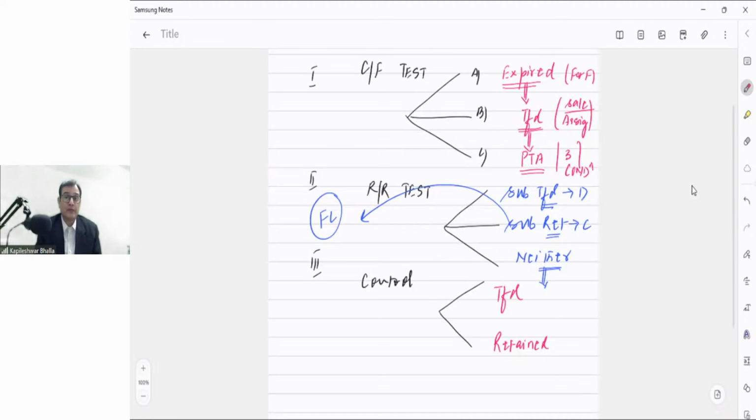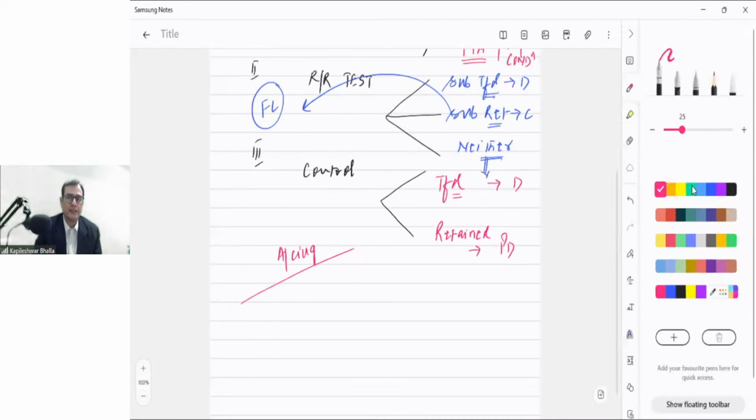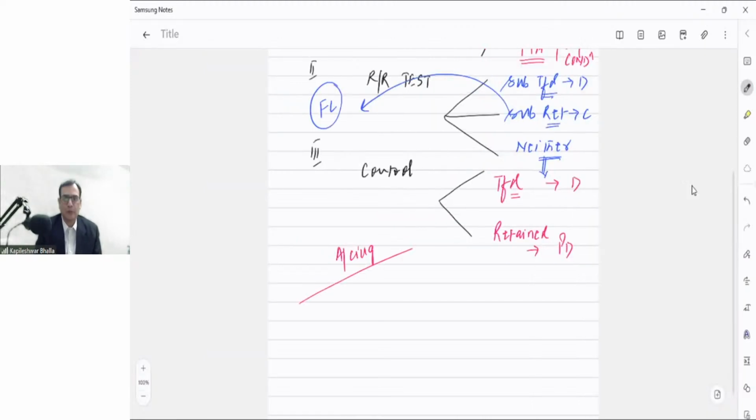If the control is transferred, then it's again a case of derecognition, which is again a full derecognition. And if it is a case of retained, I said it's a case of partial derecognition. So basically, in this 3-test procedure, we looked at the permutation combination, and in terms of the kind of accounting which stems out of the various permutations and combinations, we can say that typically there are 3 kinds of accounting.